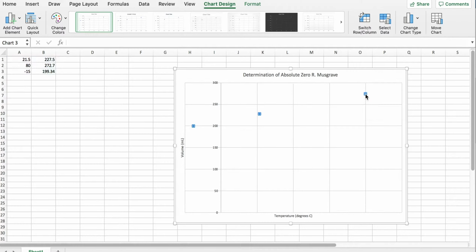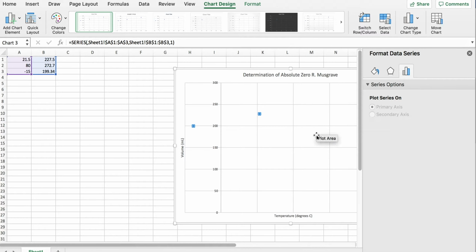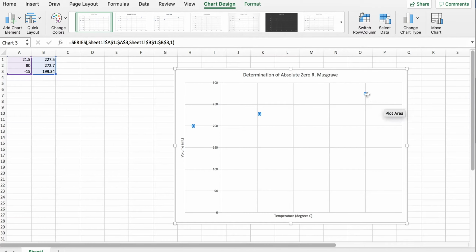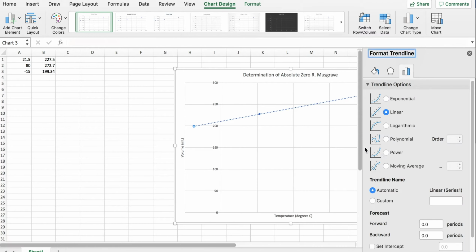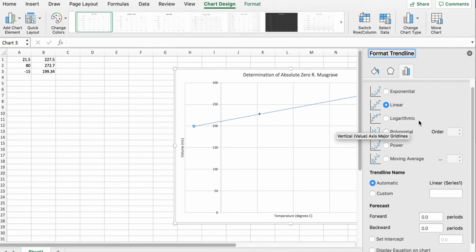Now we need to double click on, actually we're going to right click on, we're going to double click on one of the points here, and you'll see that what happens is that they become these selected points. Now we can right click on that, and we can click on add trend line. So this doesn't change, I don't think, for any version of Excel.